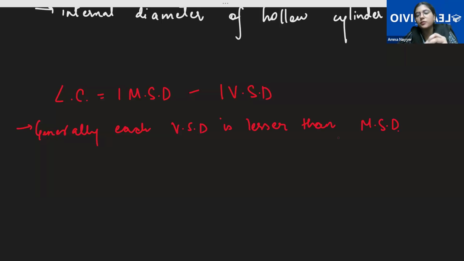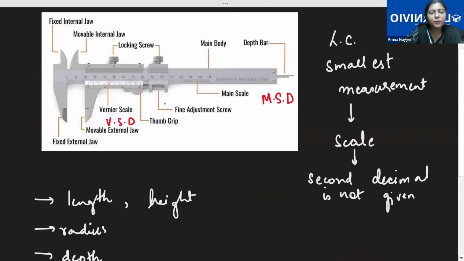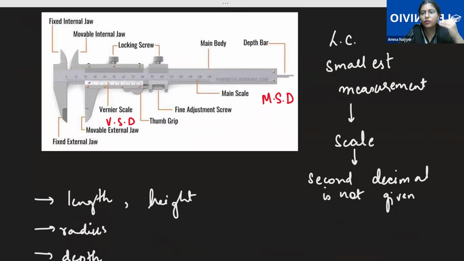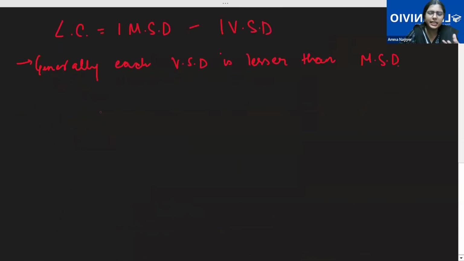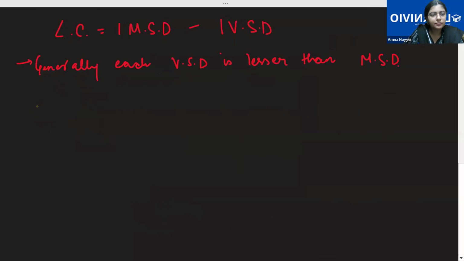Now, this is the smallest measurement that can be made. This we already know. Now, this is the formula of the least count. So what happens is, when you put an object over here, the scale will move. Now something will coincide. Some one line will coincide with another value. So this is how it works basically. The coincidence is taken. So let's say n number of VSDs are there.